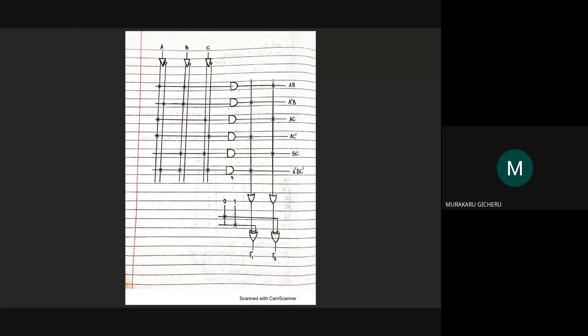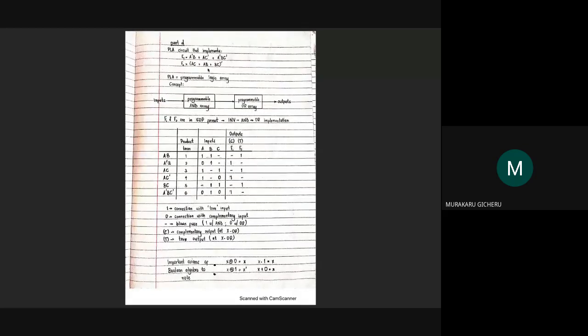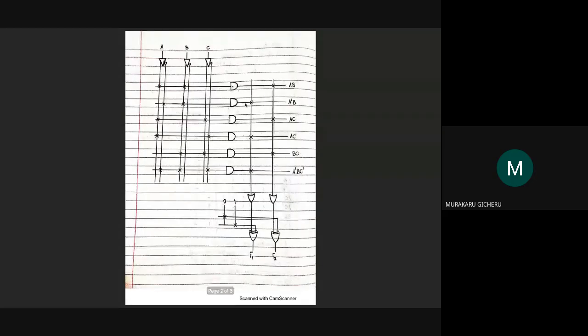From our Boolean expression, if we go through F1 first, we have not A B, or A not C, or not A, B, not C. So we will keep the fuse for A not B intact, the fuse for not A B intact, the fuse for A not C intact, and the fuse for not A, B, not C intact, and we'll blow the others.